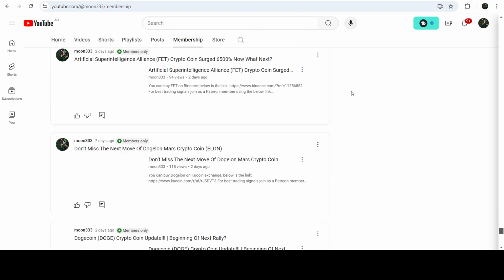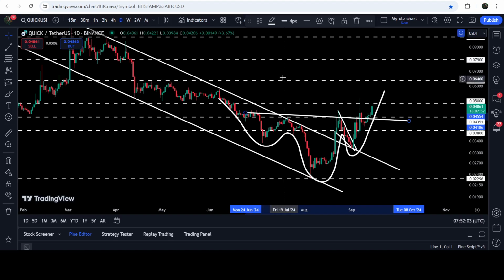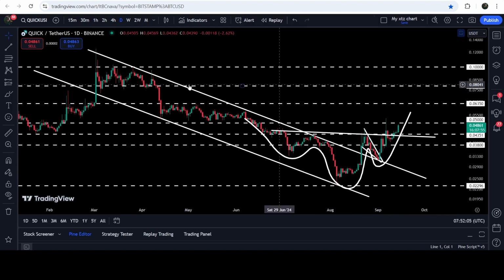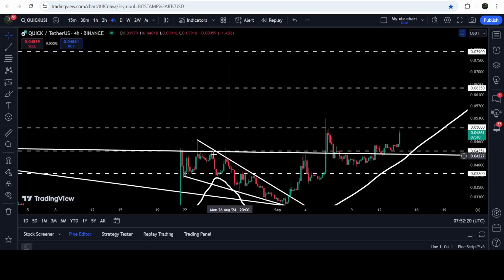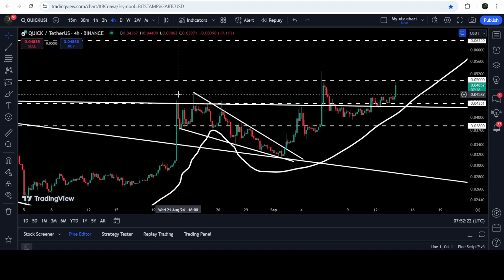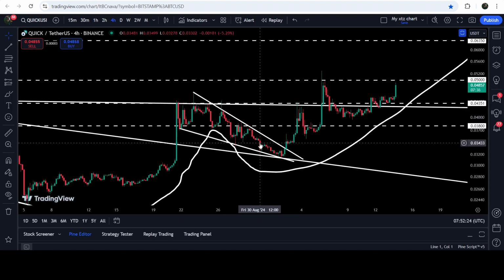Now let me take you to the live chart of Quickswap. This is the daily time frame chart, and you can see that for the past several days since after 3rd of March 2024, the price line was moving inside this channel, and on 22nd of August 2024, we broke out the resistance. On a smaller time frame, the 4-hour chart, the price line formed a falling wedge pattern while completing the right shoulder of the bigger inverse head and shoulder pattern.